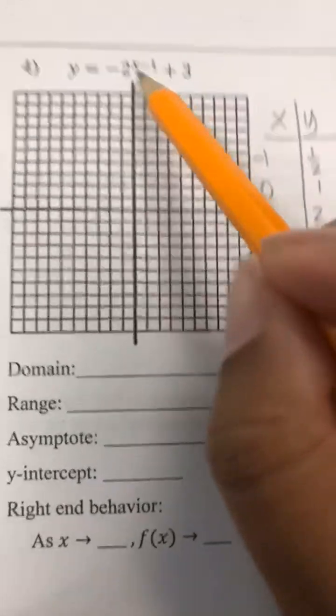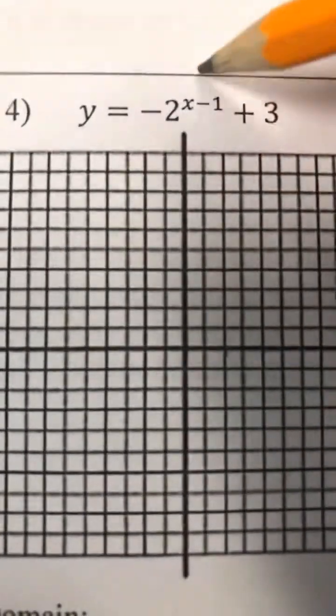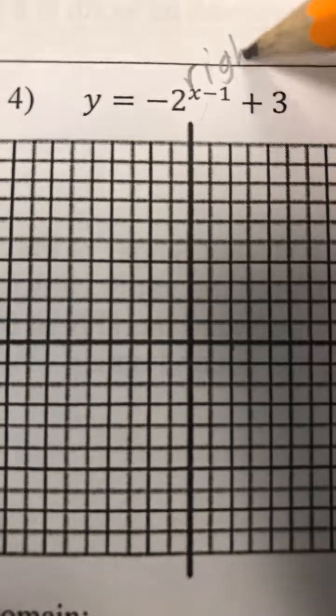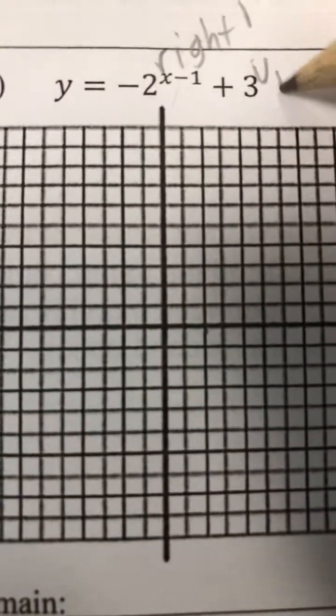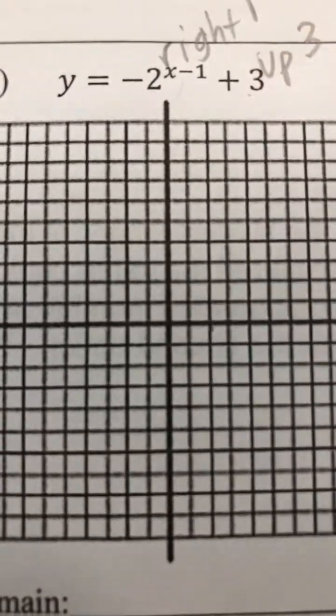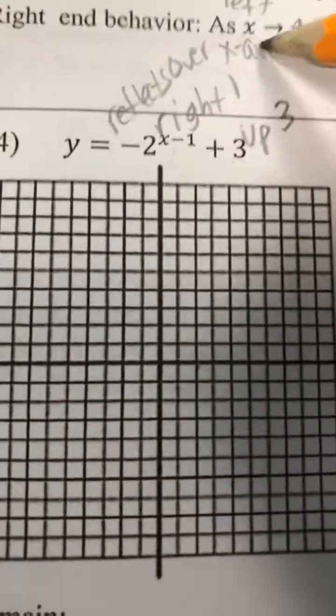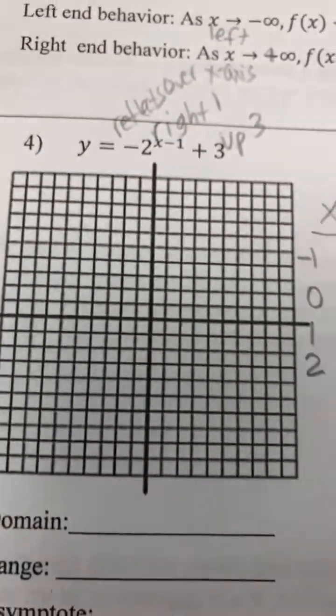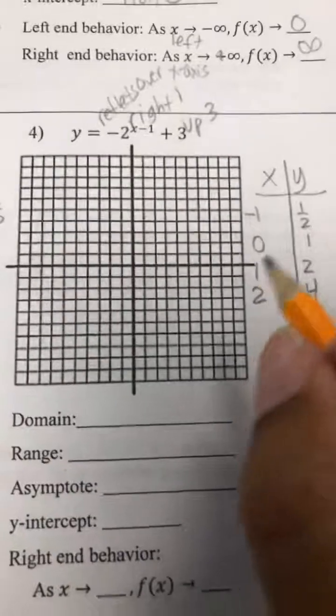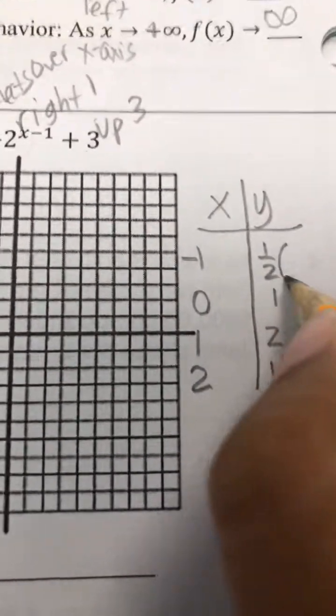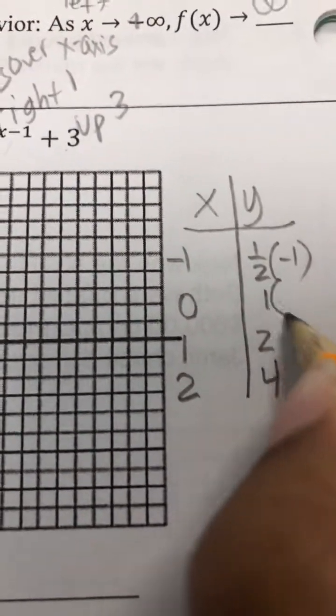So my transformation here shows that I'm going right 1, up 3, so I have a new asymptote, and I'm also reflecting over the x-axis. So because I'm reflecting over the x-axis, you know that all of these have to be multiplied by -1.